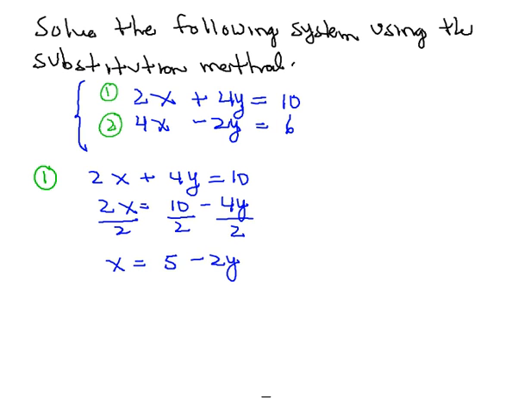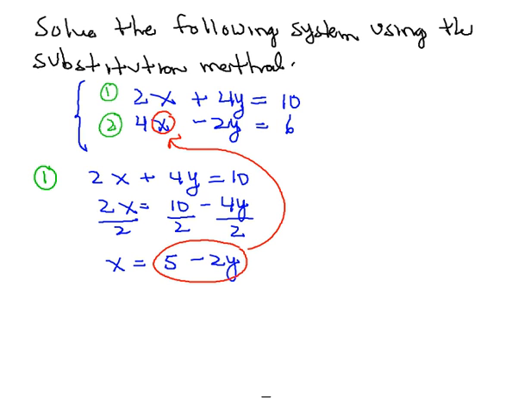What we'll do next now is take this expression for x, and we're going to substitute it into the second equation. So we take this and substitute it for x up here in this equation. We'll do that next.